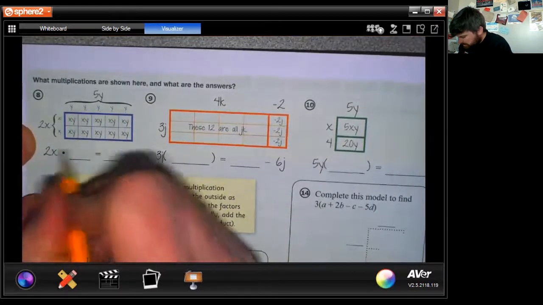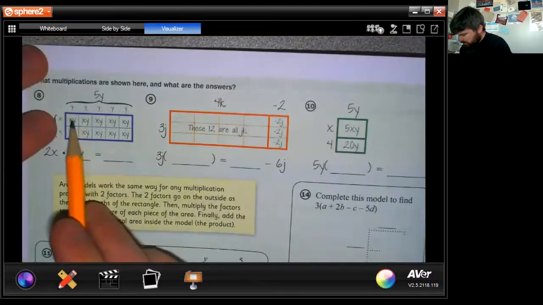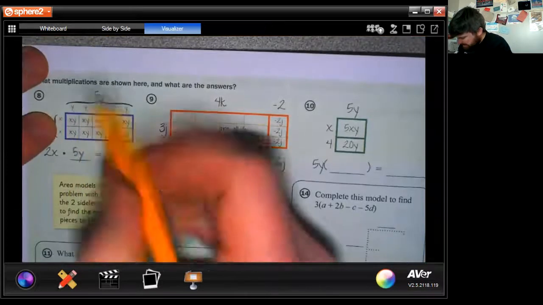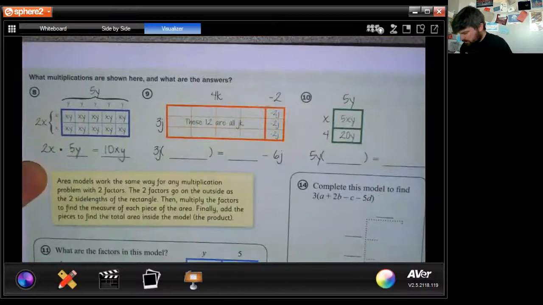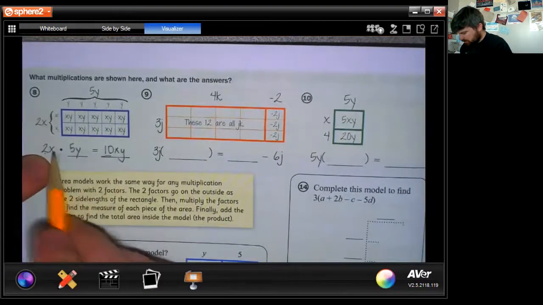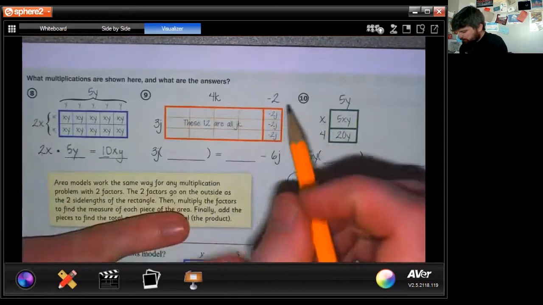So you got 2x times 5y. And if we look here, we have 1, 2, 3, 4, 5, 6, 7, 8, 9, 10 xy's. Well, 2 times 5 gives you your 10, and your x times your y gives you your xy. So that's how we get it.